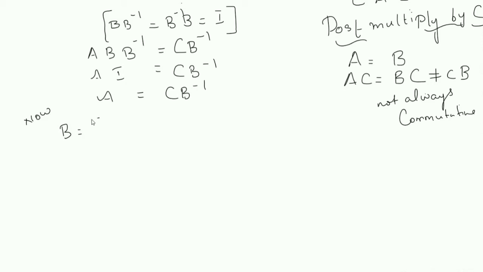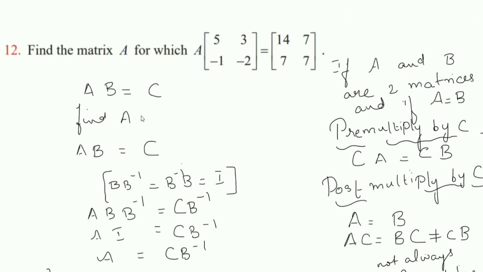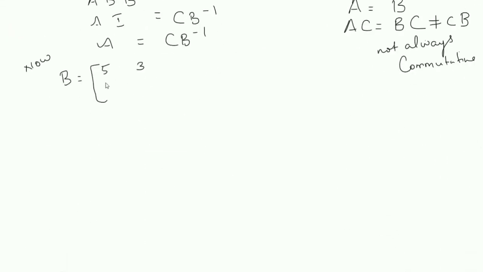So how do you find the inverse of the matrix B? You have to find the determinant of the matrix B and the adjoint of the matrix B. The matrix B is [5, 3; minus 1, minus 2].